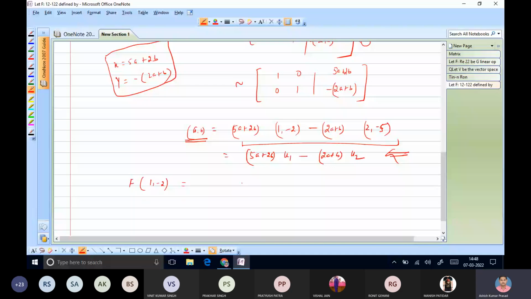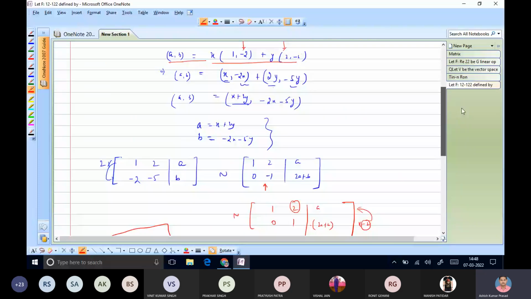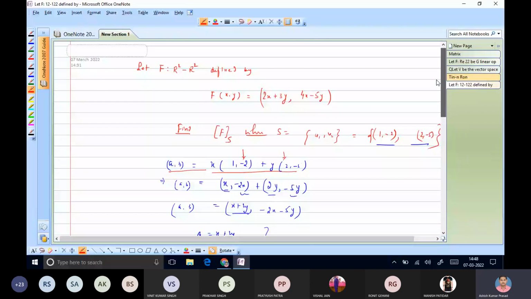So I put x equal to 1, y equal to -2. So 2 ones are 2, 3 into -2 is -6, so it's coming -4. And here 4 ones are 4, minus minus plus, 10 plus 4 is 14.